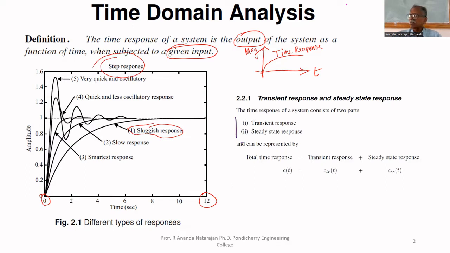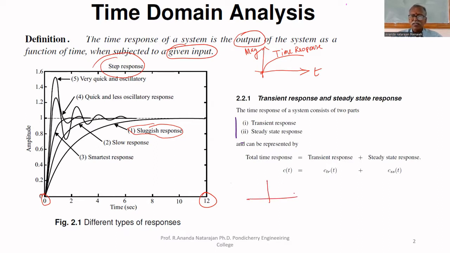What is a step input? Suppose you are giving a step input to a fan or a lamp. Initially, the applied voltage to the fan is 0 volt. After that, the voltage is 230 volt. So you are giving a step input.